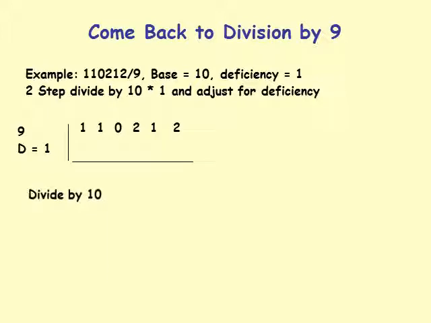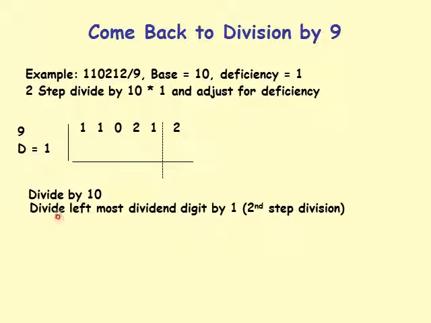So first we say we are going to divide by 10. If I divide 110212 by 10, I get 11021, remainder is 2. Now we're going to divide by 1, one digit at a time.